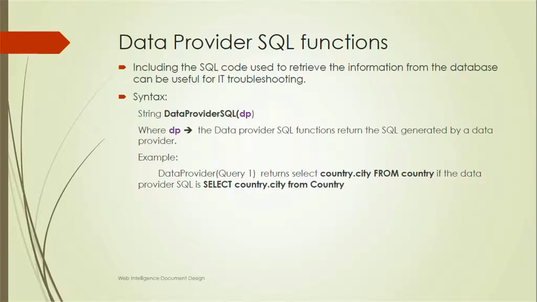Okay, coming to the data provider SQL functions. Including the SQL code used to retrieve the information from the database can be useful for IT troubleshooting. Suppose we want to fix some issues that come up; at that time we may want to check the SQL code behind the report. We can get this SQL code by using the function DataProviderSQL, or DP.